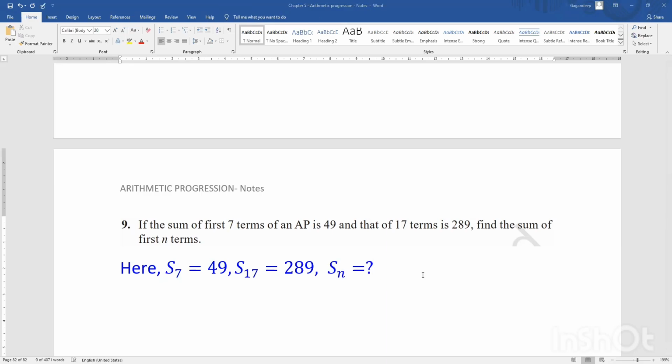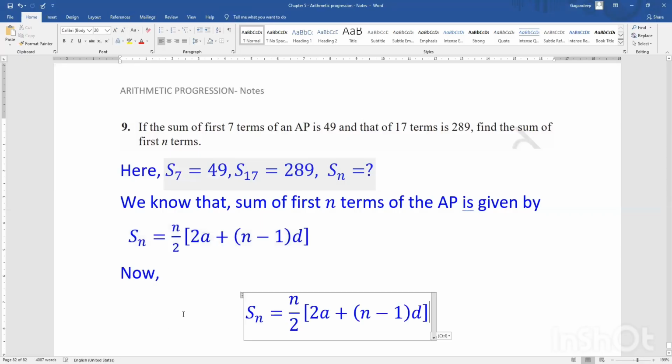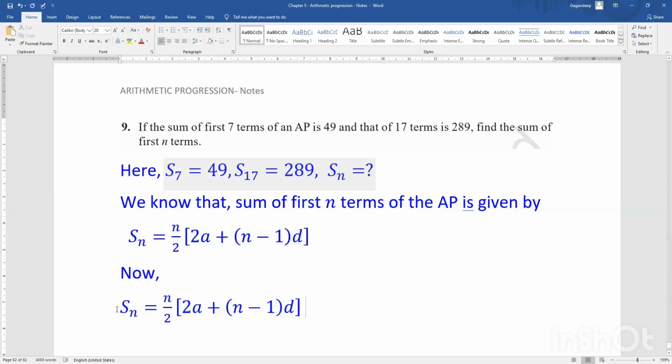Okay. Next, we know that Sn is equal to n by 2 into 2a plus n minus 1 into d. Now, I'm going to find out S7. So, for S7, just take the same formula here. I just show you the substitution, what I'm going to do in this. See here.